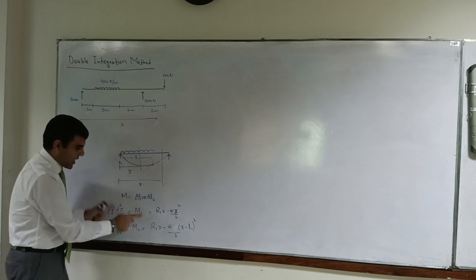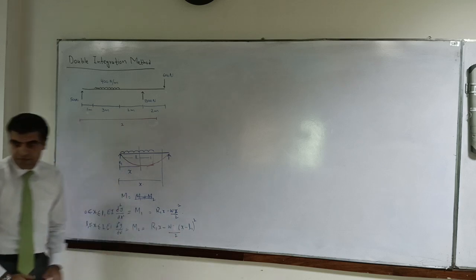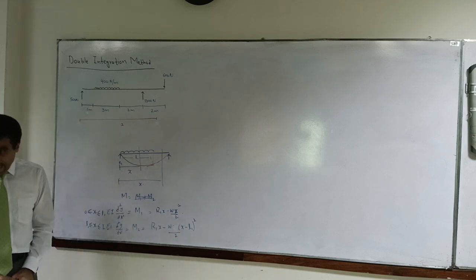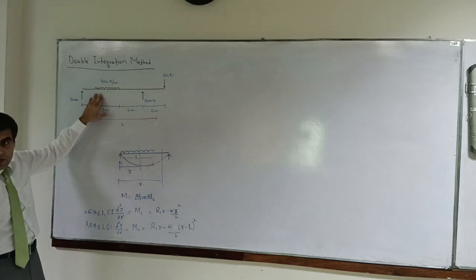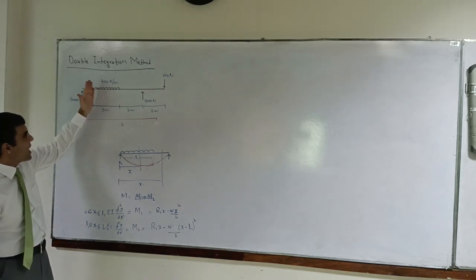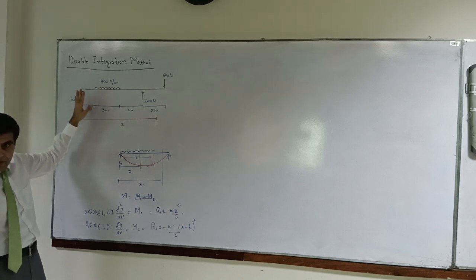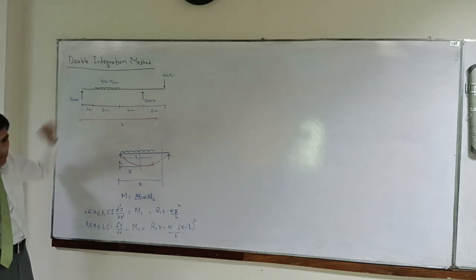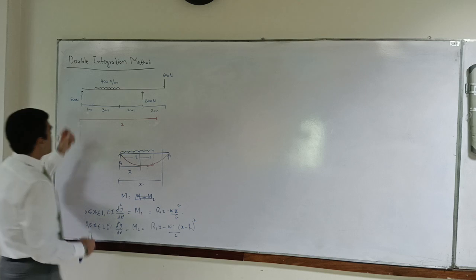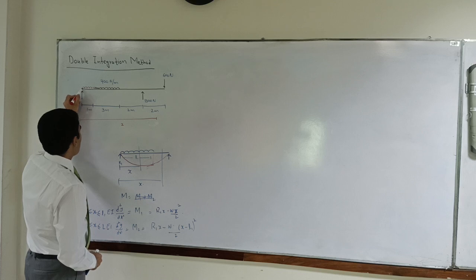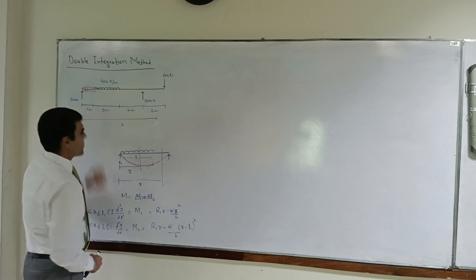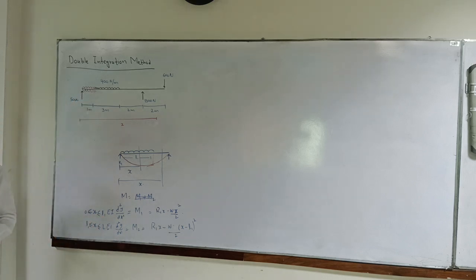That's why you are able to use this, isn't it? Yes, sir. Agreed? Yes. So in our case, what should we do? Our UDL is offset from the support. So what we can do is we can have the same UDL applied like this and another one applied like this. Can we do that?